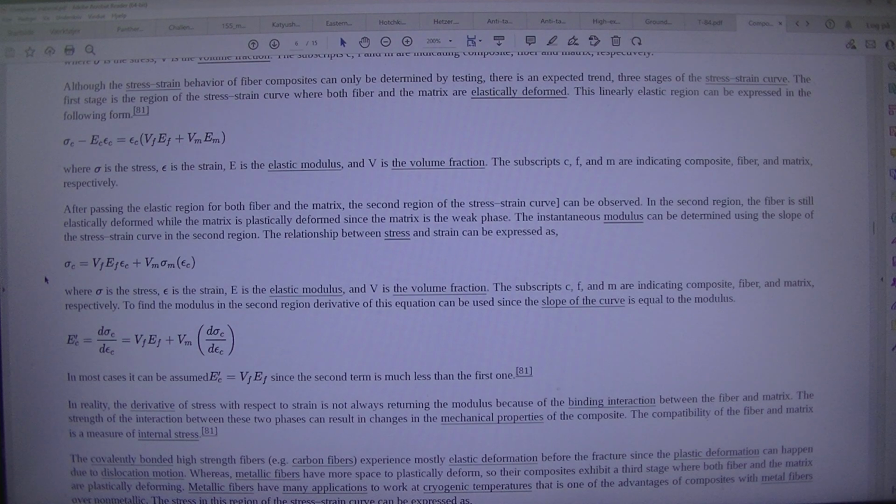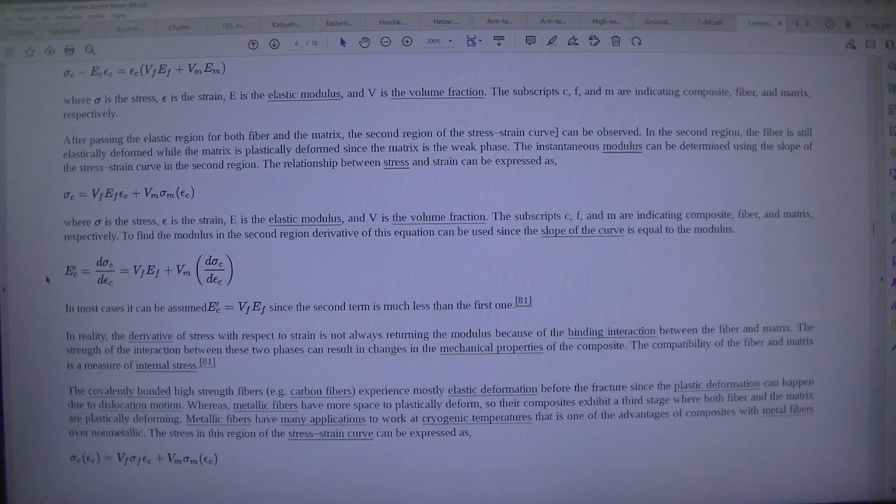The relationship between stress and strain can be expressed as follows, where σ is the stress, ε is the strain, E is the elastic modulus, and V is the volume fraction. The subscripts C, F, and M indicate composite, fiber, and matrix respectively.